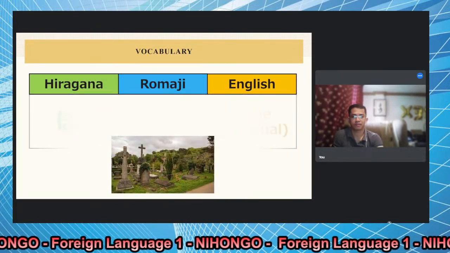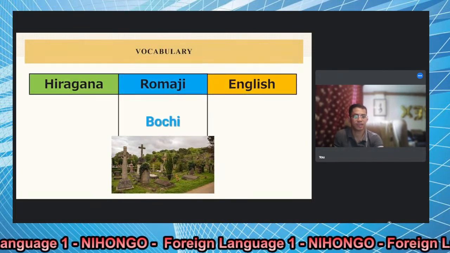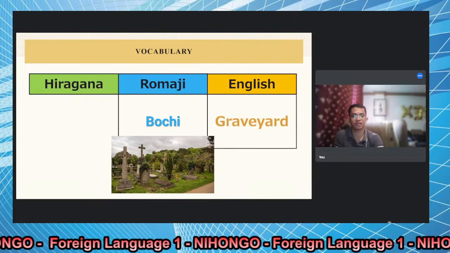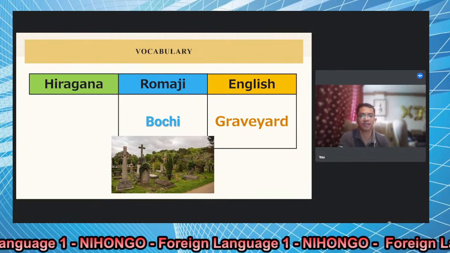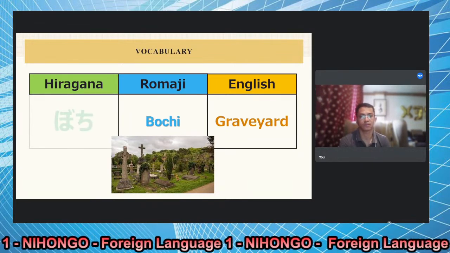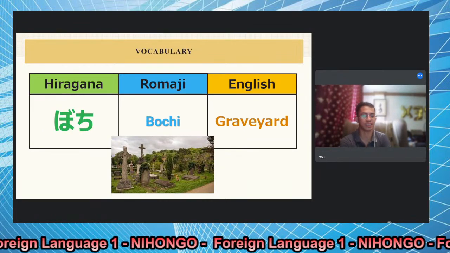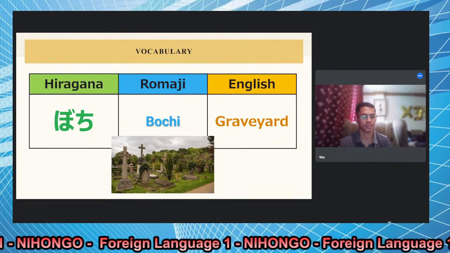Next word is bochi. Bochi in English is graveyard. And how is it written in Hiragana? So it is ho plus tenten and then chi. Bochi.